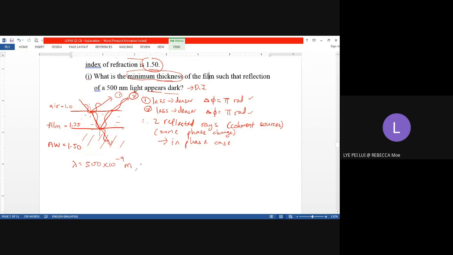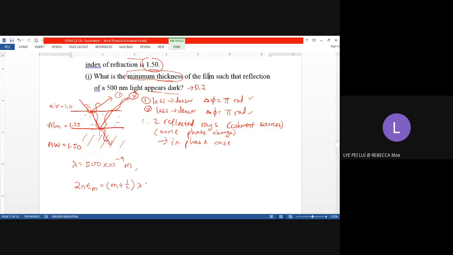The equation is 2nt_m equals (m plus half) lambda.